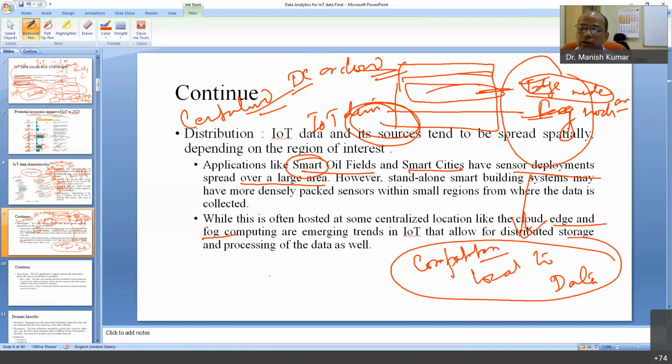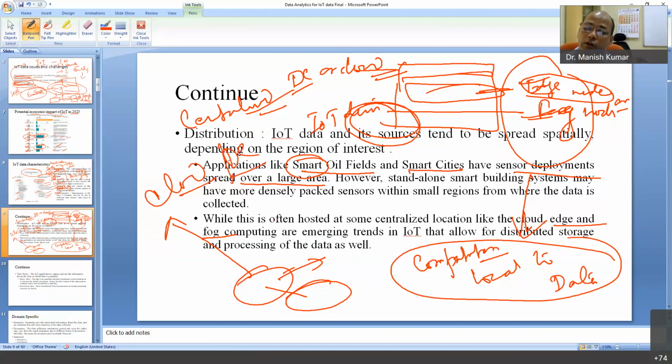Like you can see that you have IoT devices which collect data and do some sort of pre-processing, filtering or analysis, and then finally you push the data into the cloud or data centers. In between pushing data from IoT to the cloud or data centers, you make use of edge and fog.